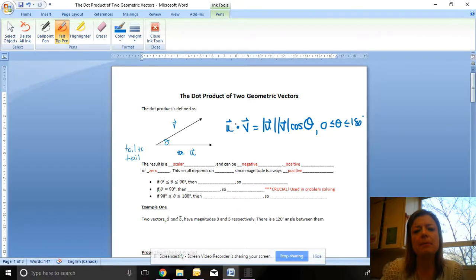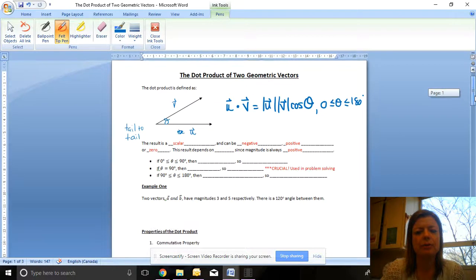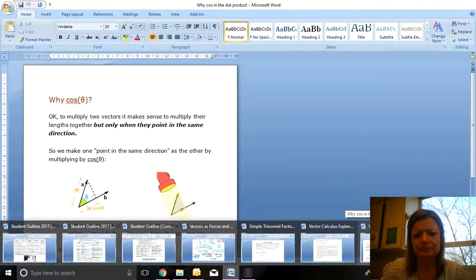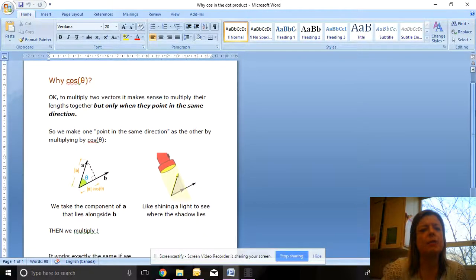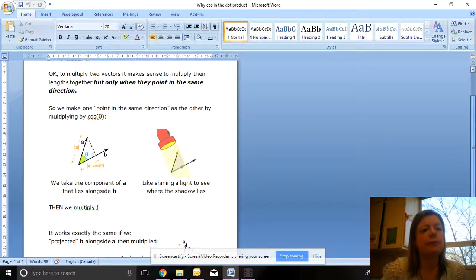You might be wondering, where does this cos theta come from? What on earth is going on? Well, the other document I gave you talks about why it's cos theta. To multiply two vectors, it only makes sense to multiply their lengths together if they're pointing in the same direction.